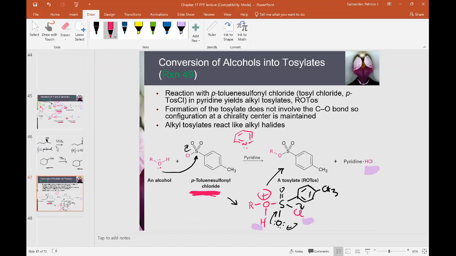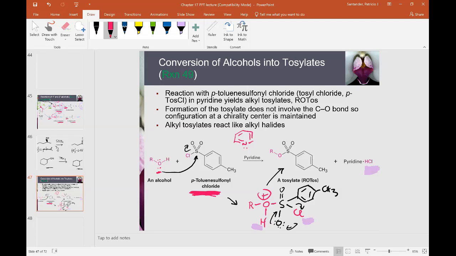In some way, it is reminiscent of the reaction with the thionyl chloride, because you have a sulfur-oxygen double bond. Here we have 2 sulfur-oxygen double bonds, but the idea is the same. A lone pair of electrons of the alcohol is attacking the sulfur-oxygen double bond. We have formation of an SO minus momentarily.